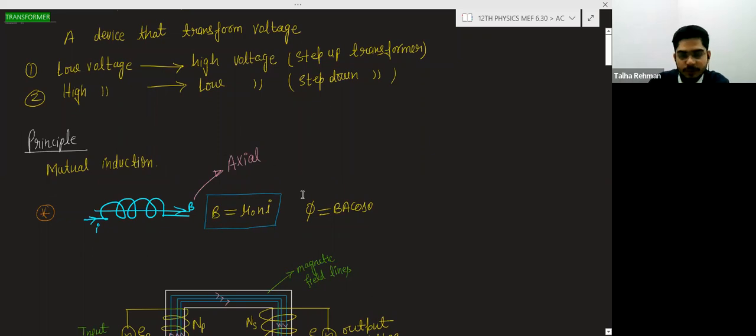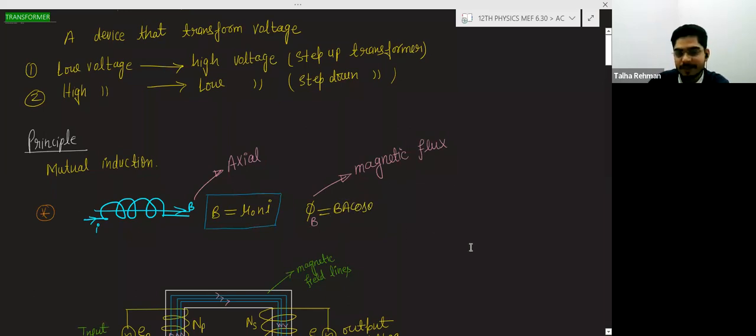There is one more thing you should know, magnetic flux. I have told you many times, magnetic flux is represented by phi B, and it is given by B A cos theta.